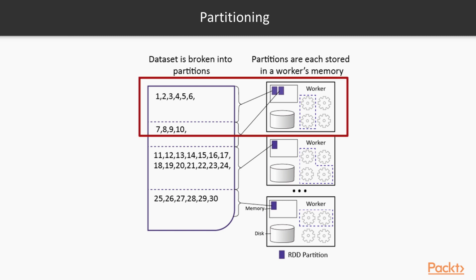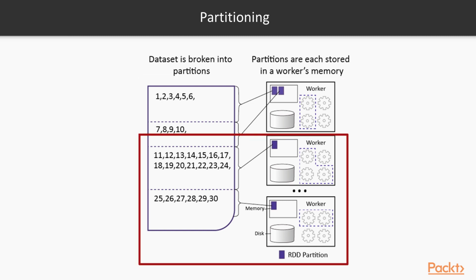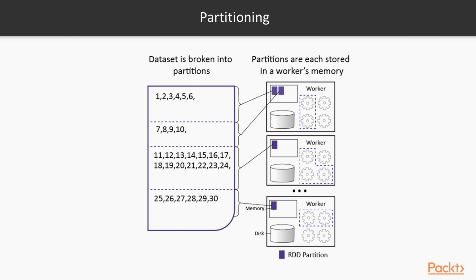Elements from 1 to 6, for example, will go to the first worker, 7 to 10 to the second, then to the third worker. But we can configure that partitioning scheme. For example, we can use hashing, because here we have range partitioning: a range of elements is sent to the first worker, then another range to the second, and so on.